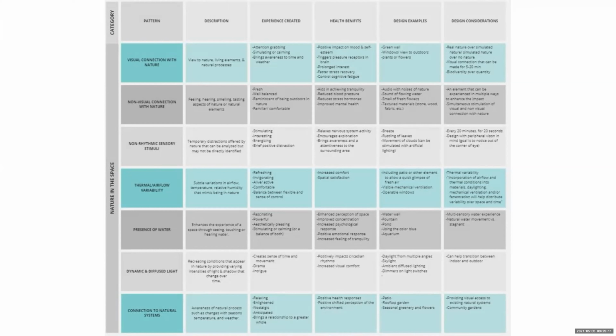And then the health benefits, positive impact on mood and self-esteem. Some design examples could be a green wall, windows with views to outdoors, and the use of plants or flowers. Again, these are just a few examples. This is not the full extent, of course, but just to get a general idea. And so some design considerations is biodiversity over quantity.